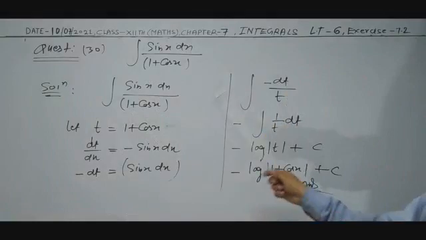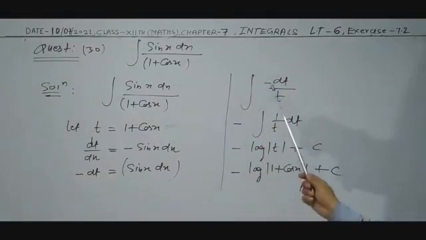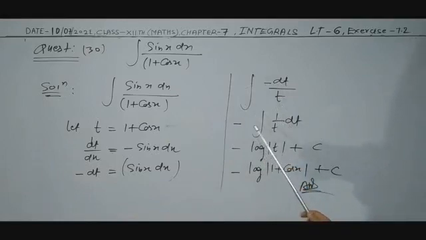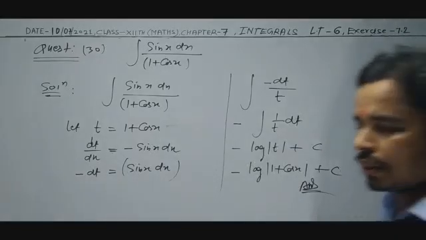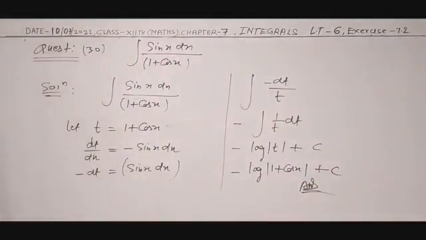So the integration has converted into the integration of minus dt upon t. The minus sign goes outside the integration: minus integration of 1 by t dt, and its integration is log of mod of t plus c. So minus log of mod of 1 plus cos x, since t is 1 plus cos x, plus c, where c is the constant of integration. So question number 30 is totally completed.